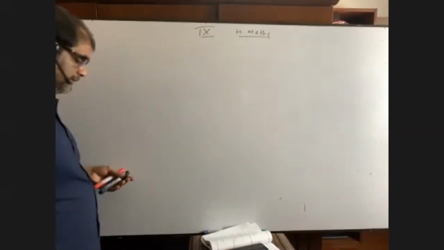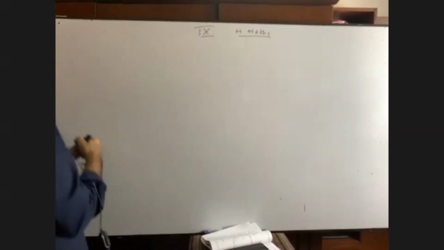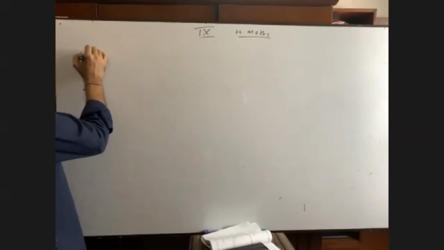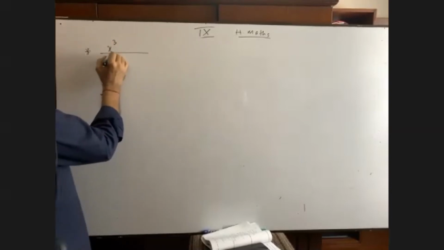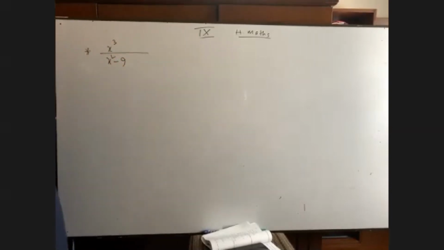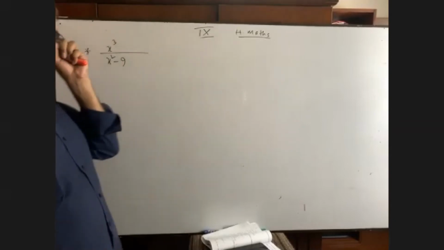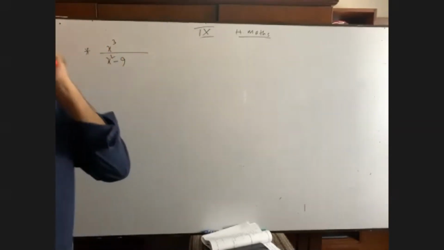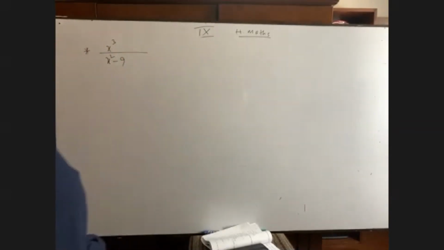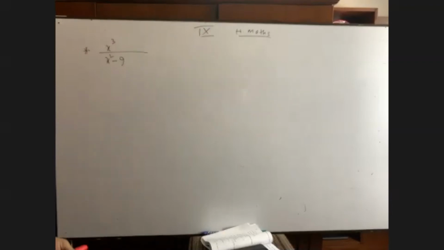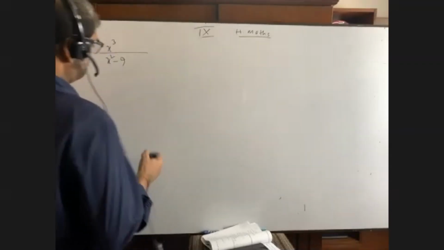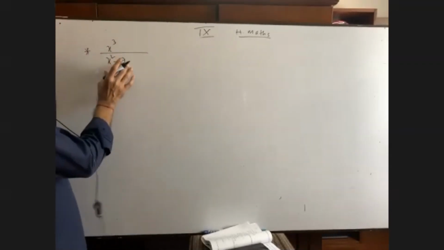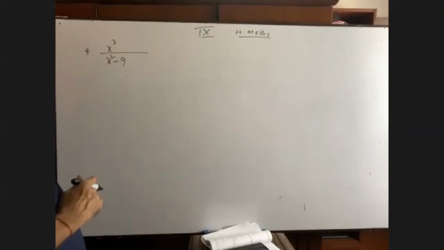Now, another math I gave you. Write down important math: x cube by x square minus 9. Dear students, can you please differentiate this math from all the maths of partial fractions that I did? You see, it is an improper fraction.